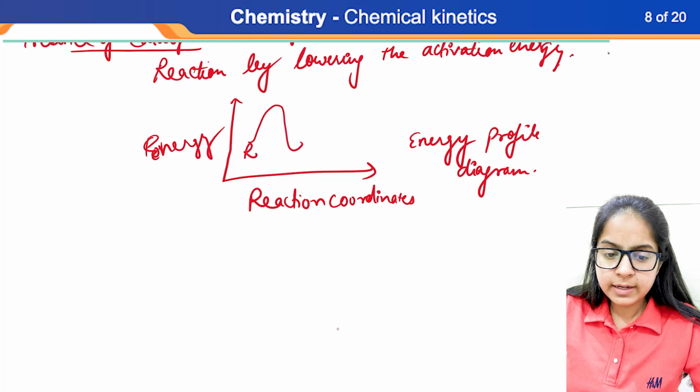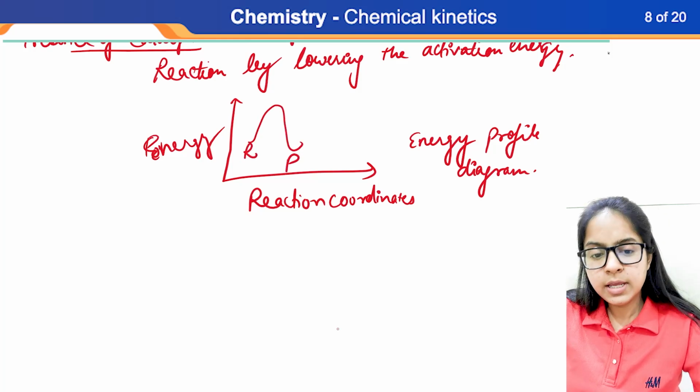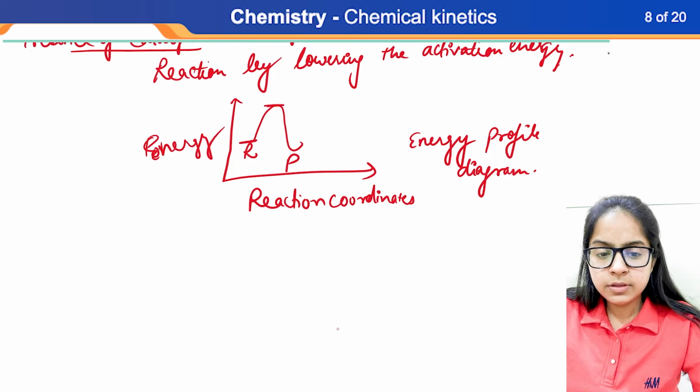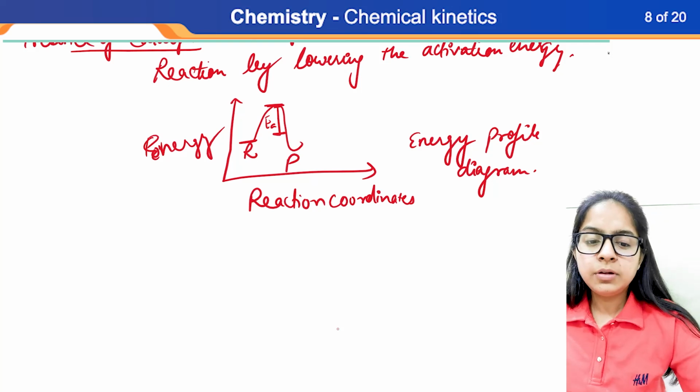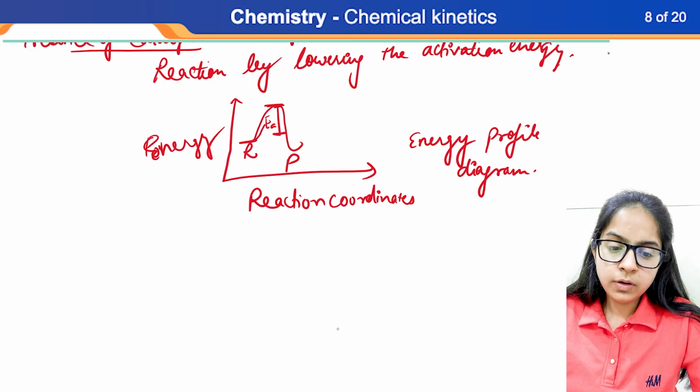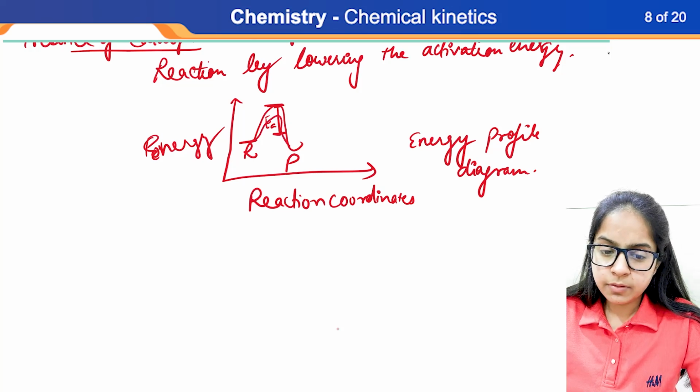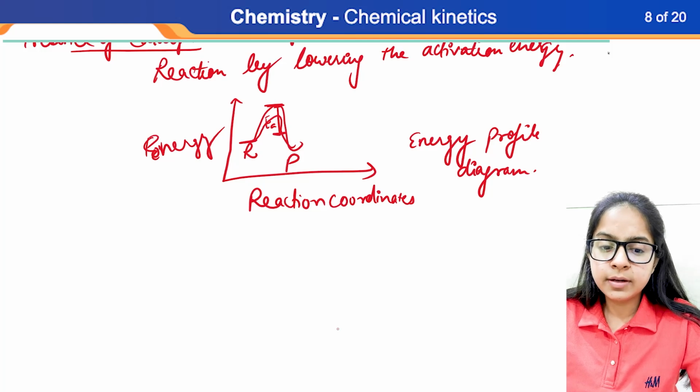Here we have the reactant energy, here we have the product energy. From the reactant energy to this energy, this is called the activation energy. A catalyst attached to the reactant lowers this activation energy, because this is the minimum barrier that is required to be covered by the reactant to go to the product.